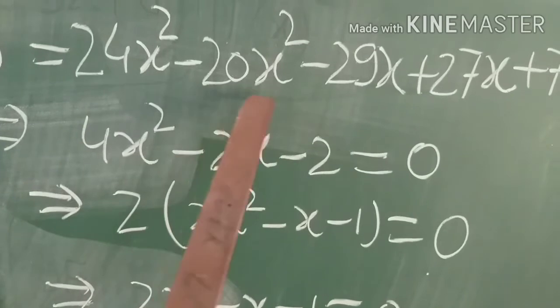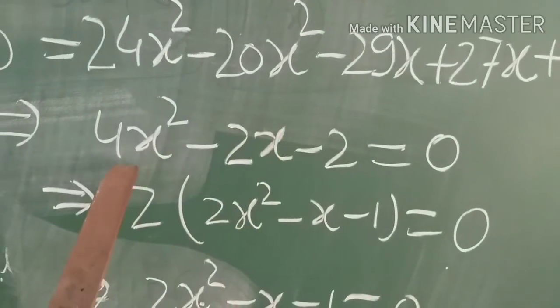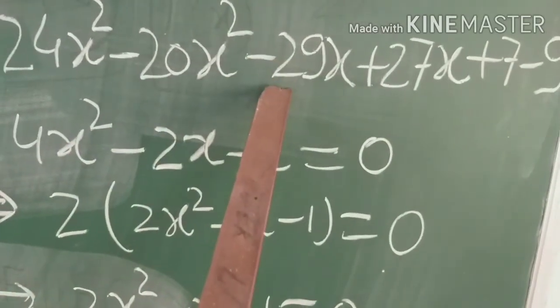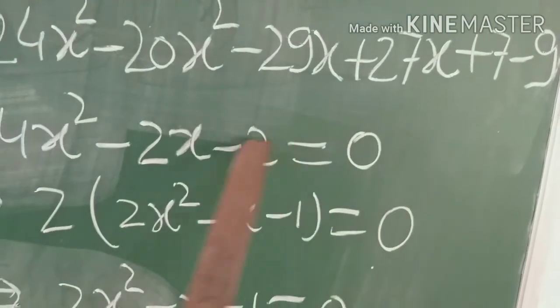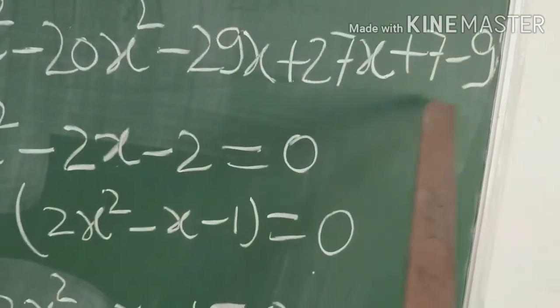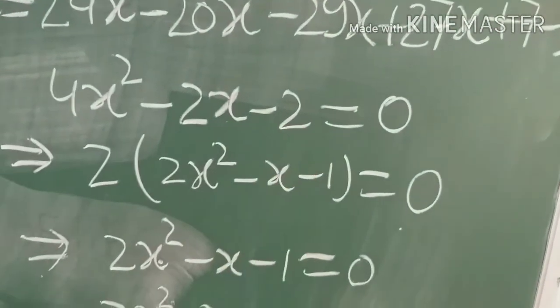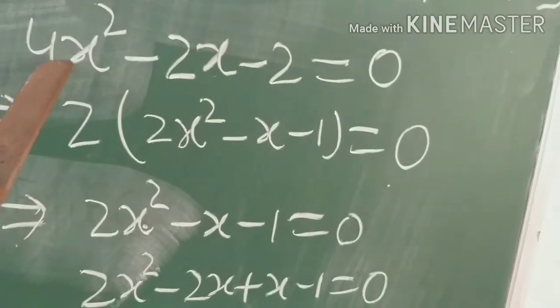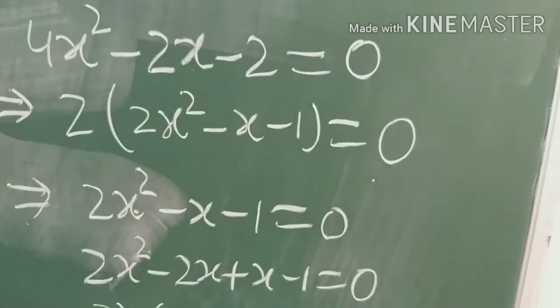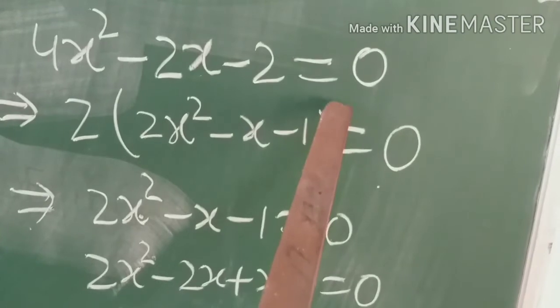So 24 minus 20, 4x square, minus 29x plus 27x, minus 2x, plus 7 minus 9, minus 2. 4x square minus 2x minus 2 equals 0, student.